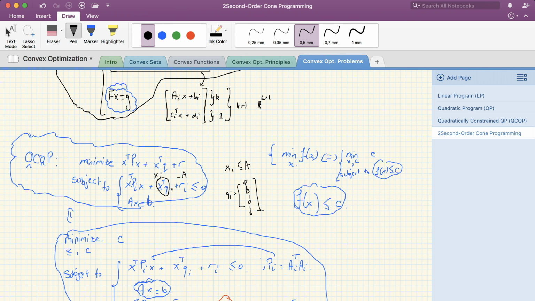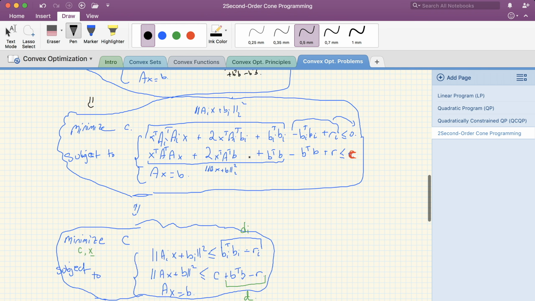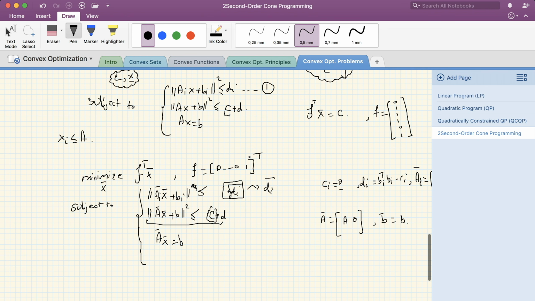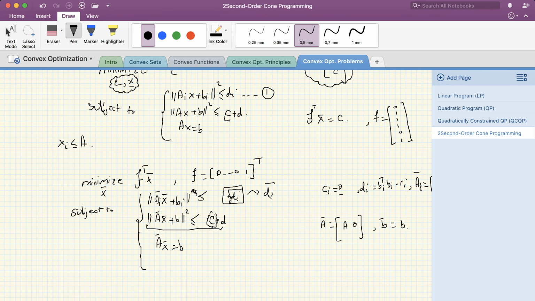So xi is less than a. So if we come and express one of our constraints as such, there's no problem, right? So similarly, I'm going to do this, but for my C. So right here, I'm going to say C is less than a given bound, which is, I don't know, let's say T.